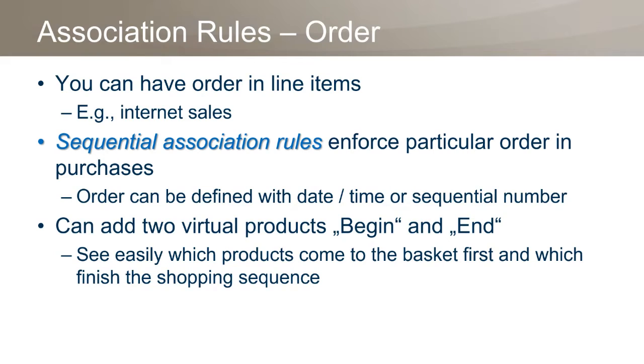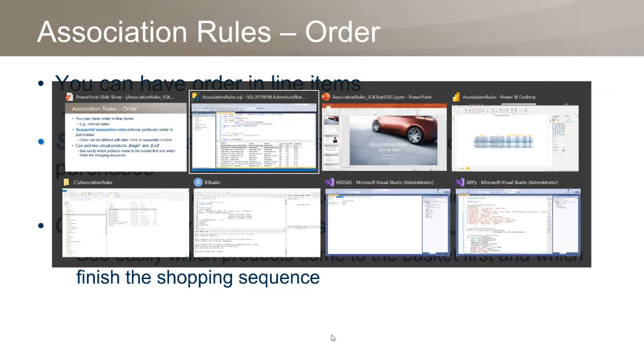So the product that is immediately after begin is the product that starts the purchasing sequence. And the product that is immediately before end is the one that is stopping the sequence. So that is another way to find the most positive and the most negative products. But don't forget, you must have an order for this.